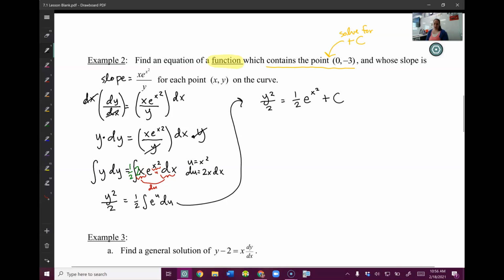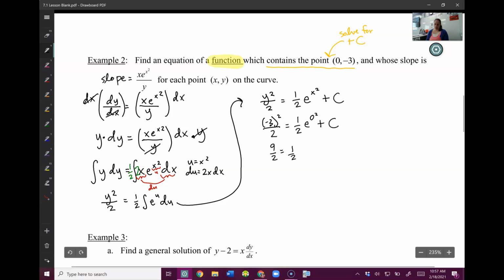So let's plug in y is 0 and x is -3. Oops, sorry, mixed that up. Y is -3. There we go. And x is 0 to solve for c. So this is going to be 9/2 equals 1/2 e to the 0, which is 1, because anything to the 0 power is 1.